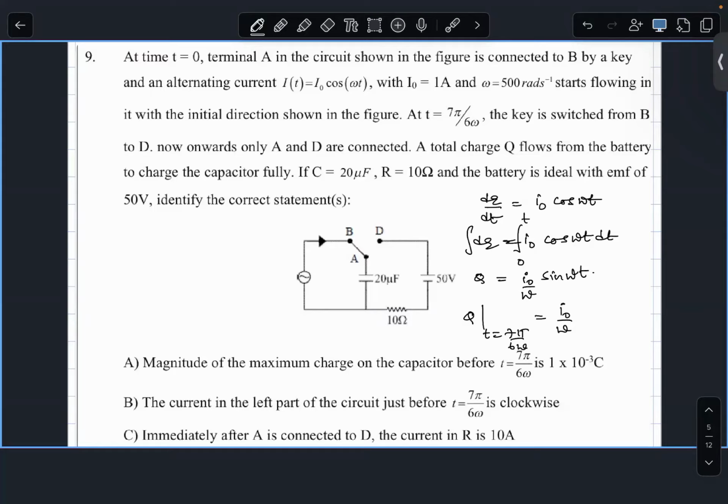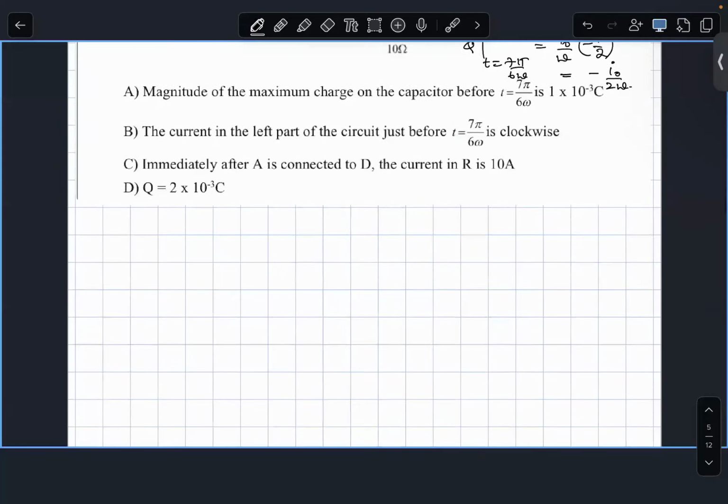Sin of pi plus pi by 6 is minus 1 by 2. So minus I naught by 2 omega. Minus in the sense this plate becomes negative and this plate becomes positive at that instant. And thereafter it is an LCR circuit. Go ahead with that. Any doubt? I don't want to proceed further because we have done a number of problems on this.